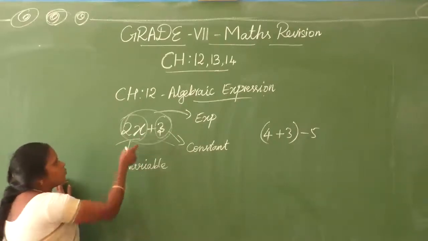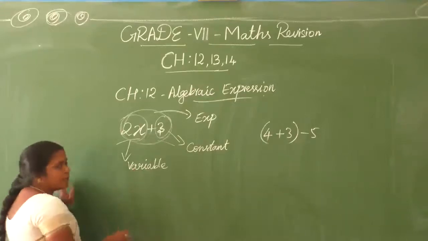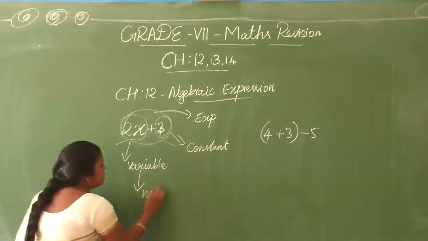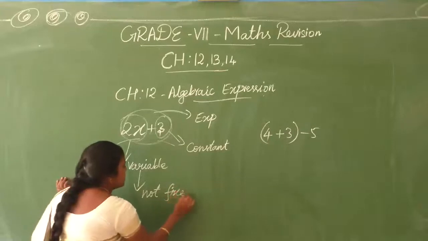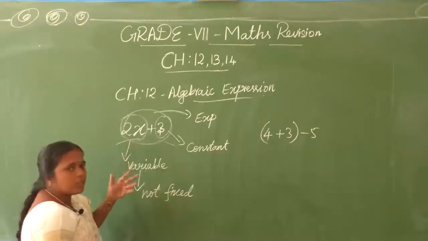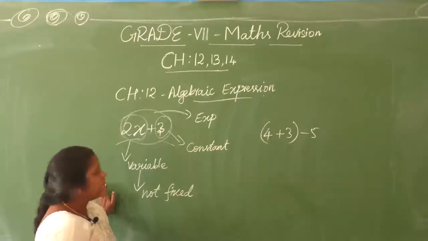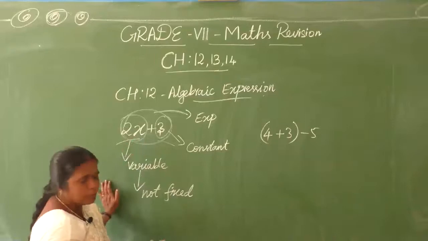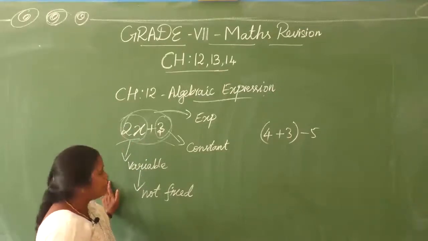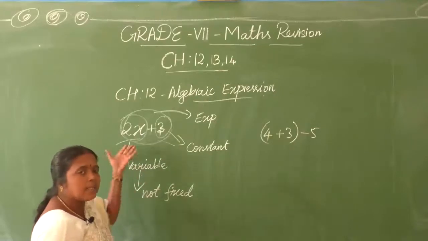Actually, what is a variable term? A variable is a value which is not fixed. Throughout the calculation, it takes various values, so it is called a variable.